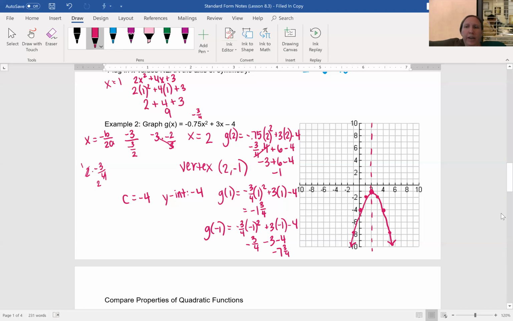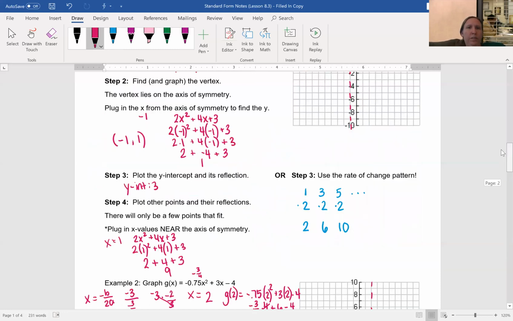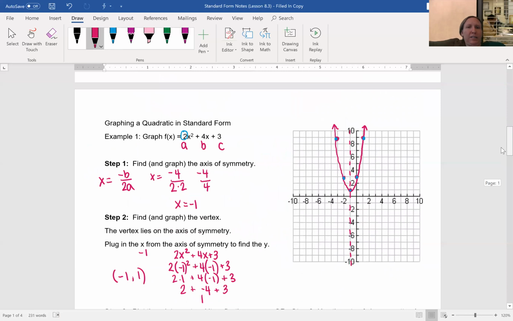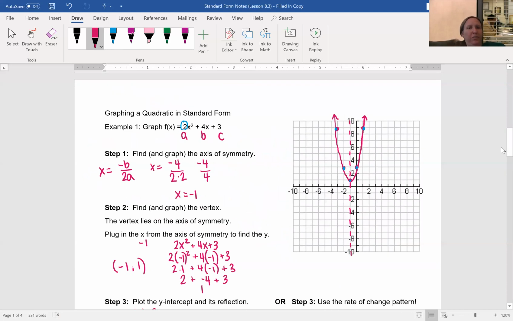So just to recap our steps, first you find the axis of symmetry by using x equals -b over 2a. Okay, graph that vertical line on your graph. Next, you plug in that x value to find its corresponding y value, and that gives you the vertex, which you will also put on your graph.